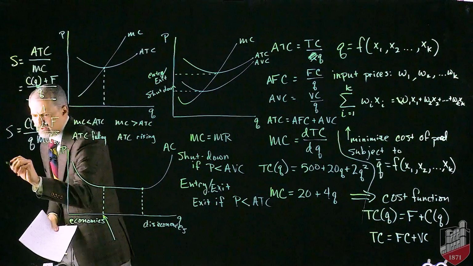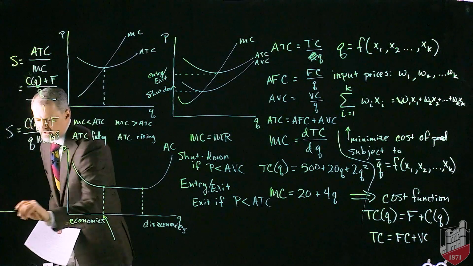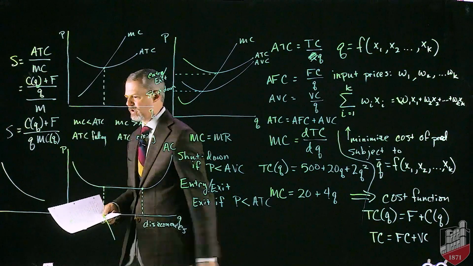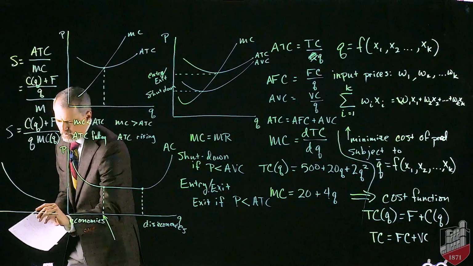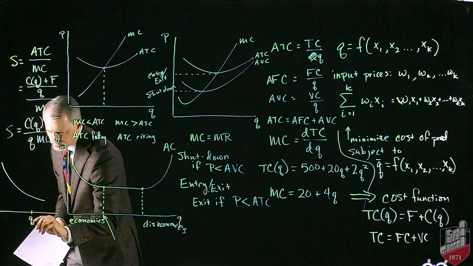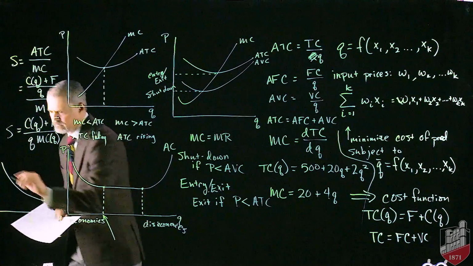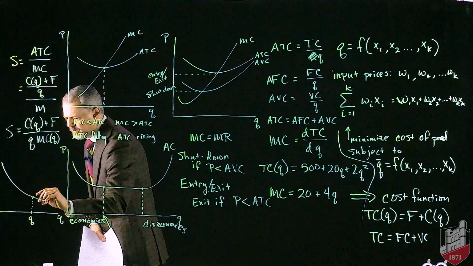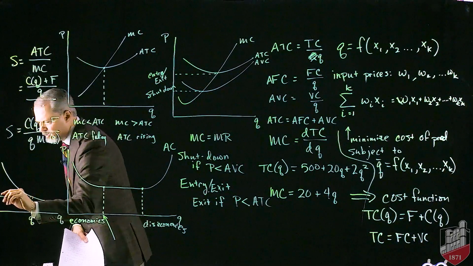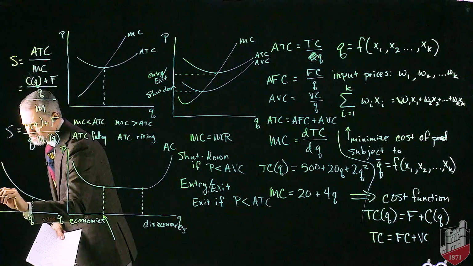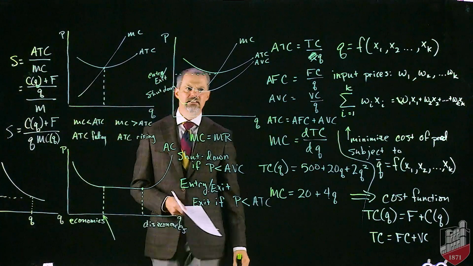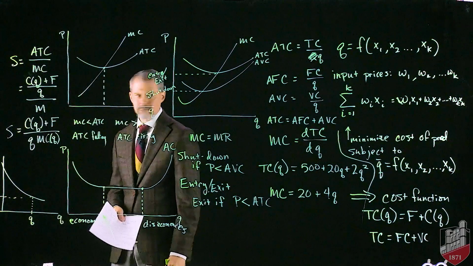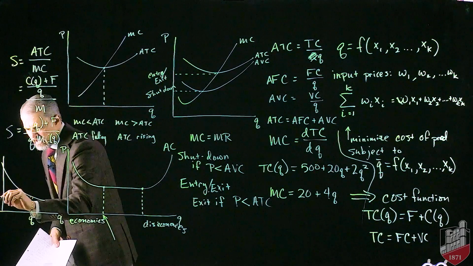And the way that we could think about that is this. If I were just thinking about this portion of the average total cost curve, and we thought about a firm producing Q, and we looked at the cost on average of producing Q for one firm, we would see that it's somewhere right there. There's average total cost. On average, that's the cost of producing Q. I need to move right over here. So right here's the average total cost.